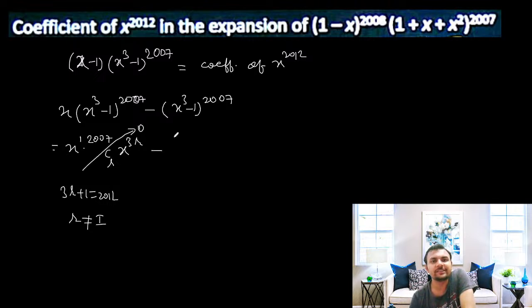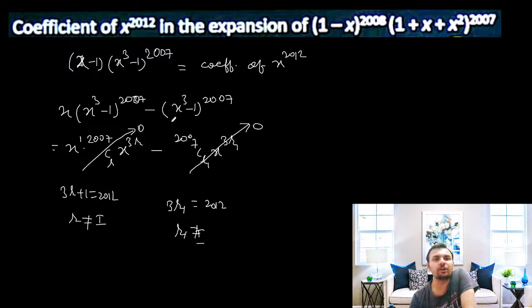Now it is 2007 C r1 x to the power 3r1, so 3r1 should be equal to 2012. So r1 is not an integer. So this is also equal to 0. So there is no term out of this whose coefficient is x to the power 2012. So that means 0 is the answer.